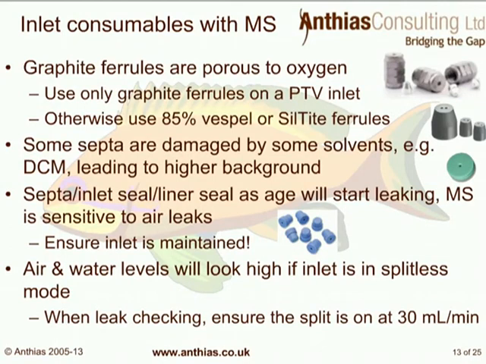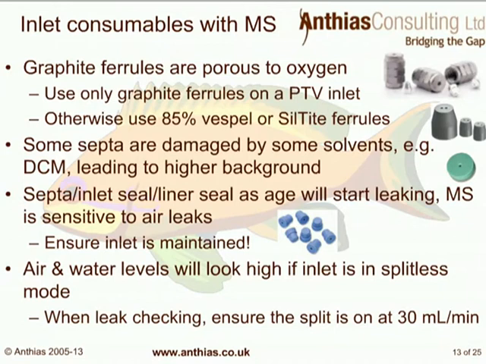This is an inlet which heats and cools, and therefore the graphite maintains a leak-free connection. Otherwise, we should be using either an 85% Vespel and 15% graphite or a metal seal-tight ferrule on the inlet, but certainly on the mass spec transfer line. This means that we can keep the oxygen out of the system, which reduces background in the mass spectrometer.